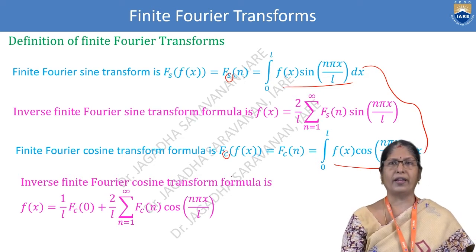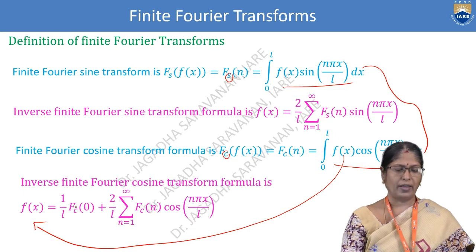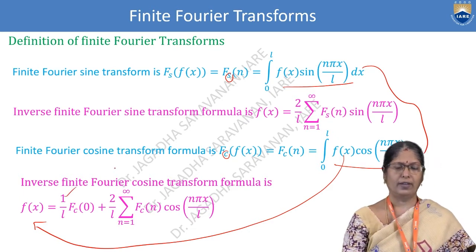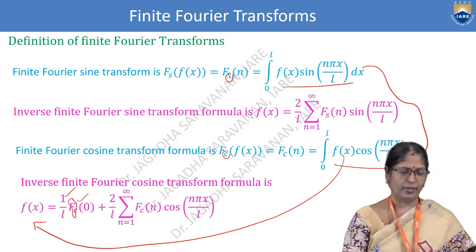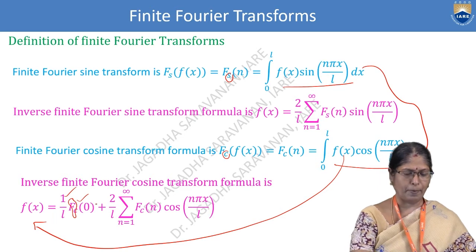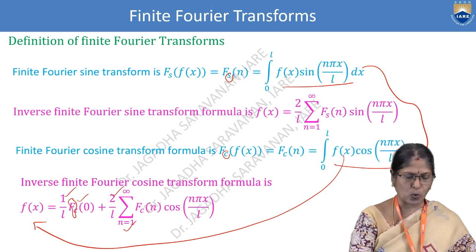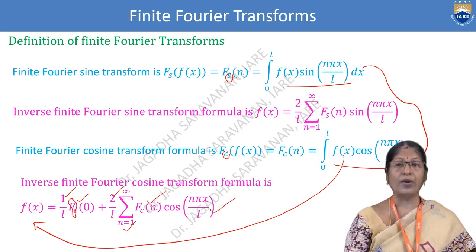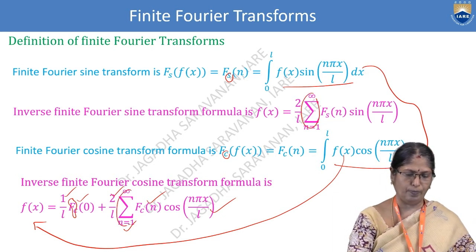Now, the inverse finite Fourier cosine transform formula is, here the function comes out: f of x equals 1 by L, capital FC, Fourier cosine, at the point 0, plus 2 by L, summation n equal to 1 to infinity, Fourier cosine transform into cos of n pi x by L. So in these transforms, the summation is playing the role.